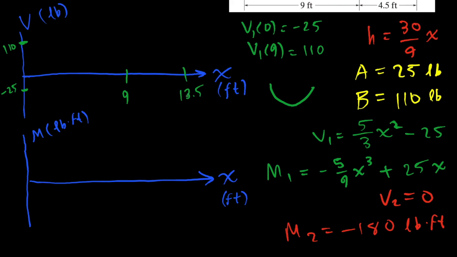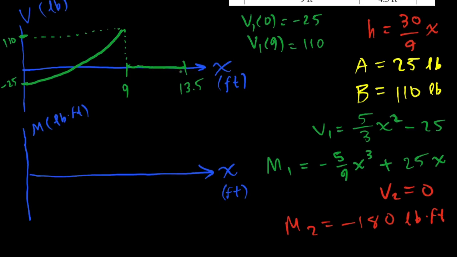So we can use that knowledge to sketch our function like this. It's concave up like that, and at the point of termination for the quadratic, we're here, and once it hits 9, it is equivalent to 0 until the entire beam is completed, so from 9 to 13.5. So that is our complete shear diagram.